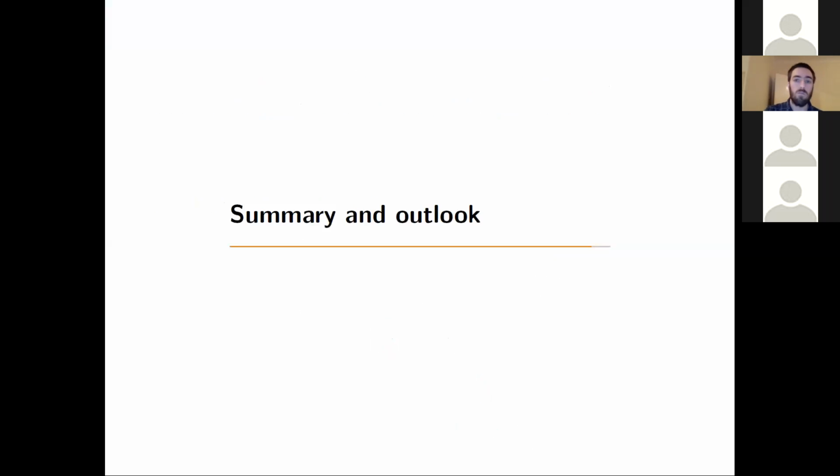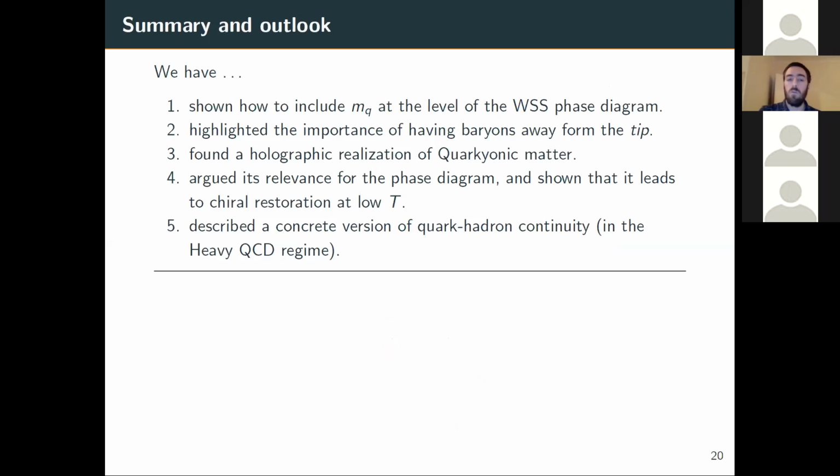So that's what I wanted to tell you about. Let me summarize. I have shown how to include the quark mass or the baryon mass in the Witten-Sakai-Sugimoto model at the level of the phase diagram. I have highlighted the importance of allowing the baryons to move away from the tip of the brane, to move in the holographic direction and not only to fill the three spatial directions.